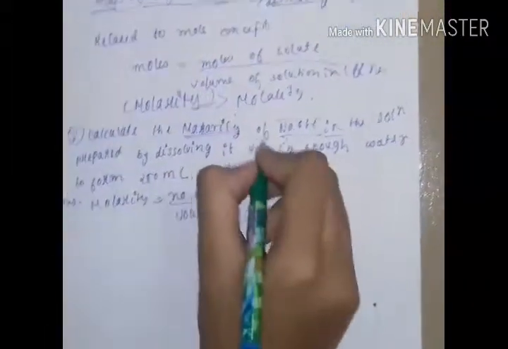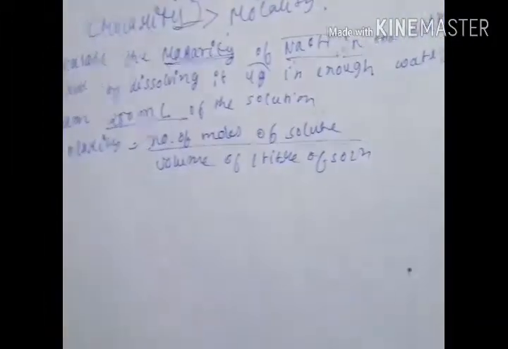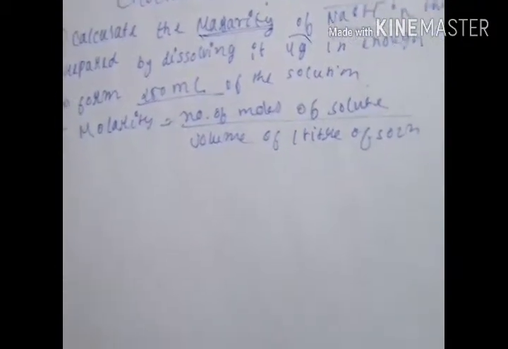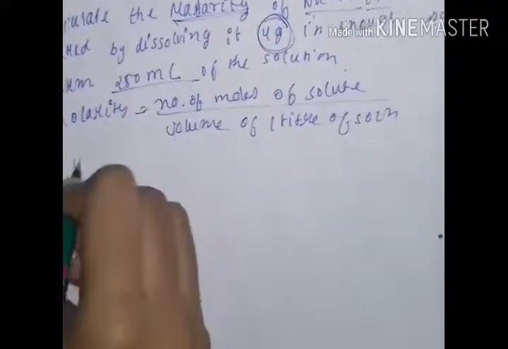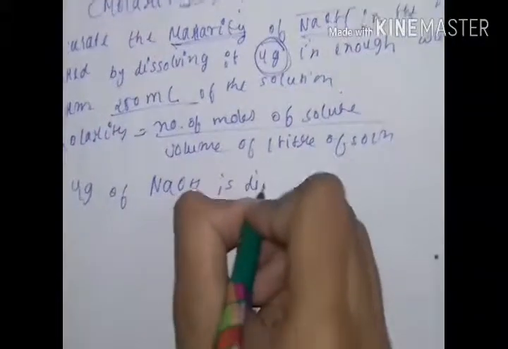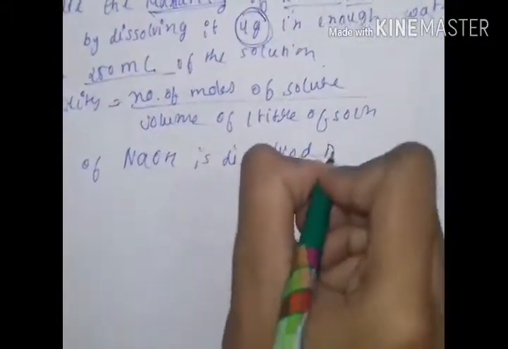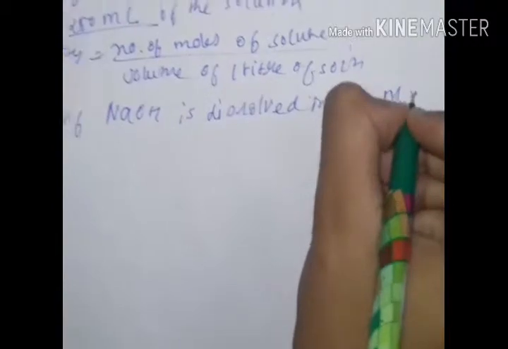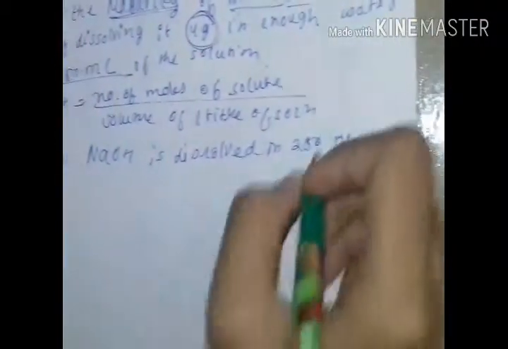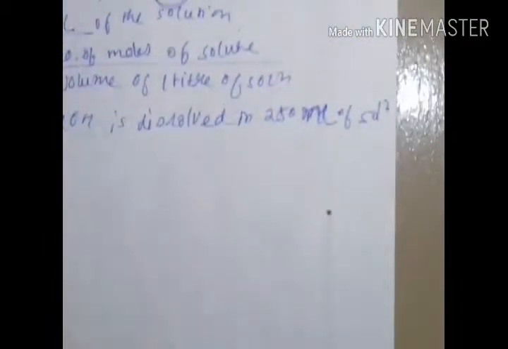So it is given that NaOH is dissolved in 250 ml of solution, and how much NaOH is dissolved in 250 ml? 4 gram of NaOH is dissolved in 250 ml of solution.